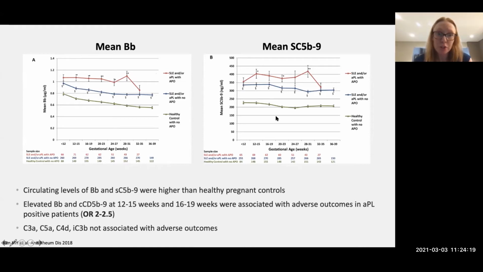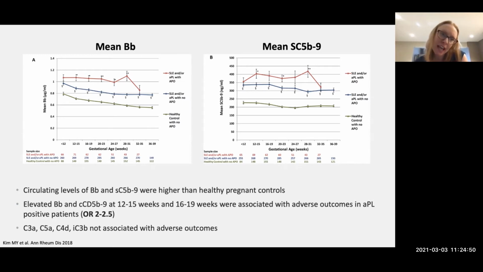And this, particularly early at 12 to 15 weeks and 16 to 19 weeks gestation in those with antiphospholipid antibodies, was associated with adverse outcomes. This is our best level at the level of the byproducts that we're measuring. But they also tested others, you can see the list here, and they were not associated with adverse outcomes.